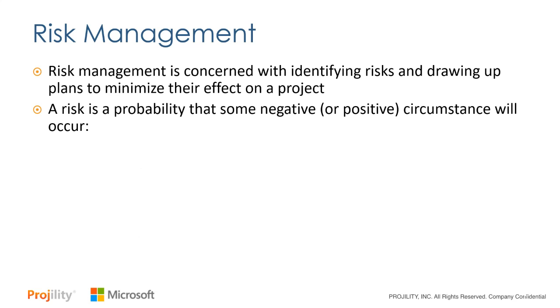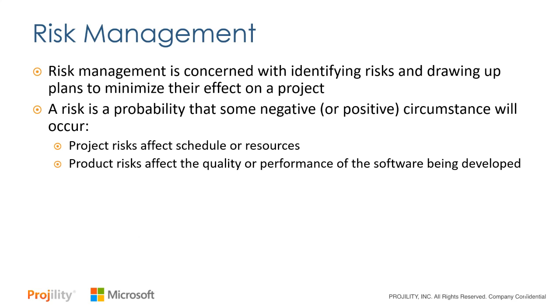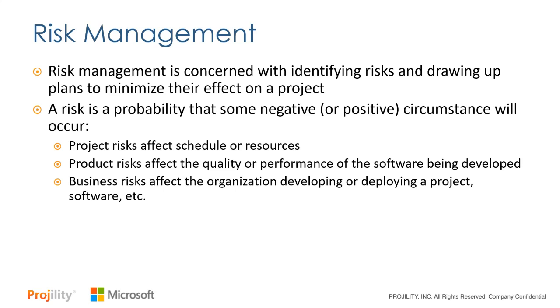Any risk you have has a probability that something is going to occur. And that probability could affect the schedule on your project. It could affect the resources on your project. It could affect the quality of the deliverable or deliverables you are actually ending up with on the project. It could affect the performance of the software being developed, the performance of your resources. It can really impact different things.